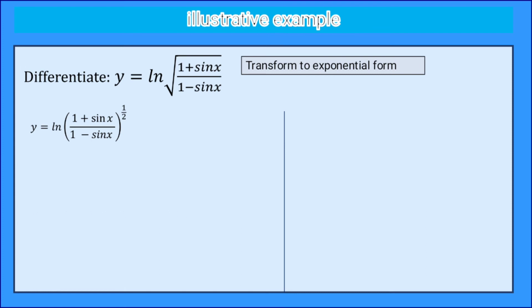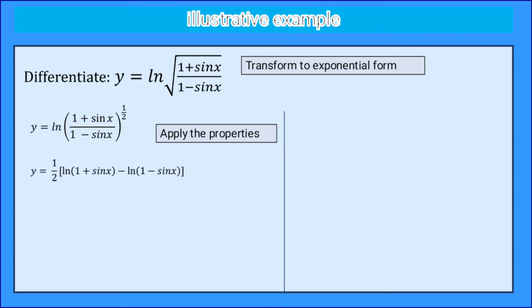And from here, we can use the second property of logarithm. When we have the quotient inside the logarithm, we can change it into the difference of logarithms. Right, so apply the properties and it will become y is equal to 1/2 times ln of 1 plus sine x minus ln of 1 minus sine x.